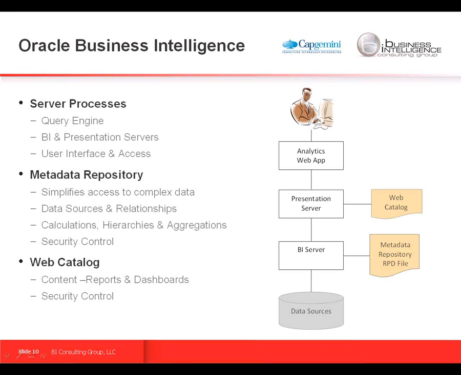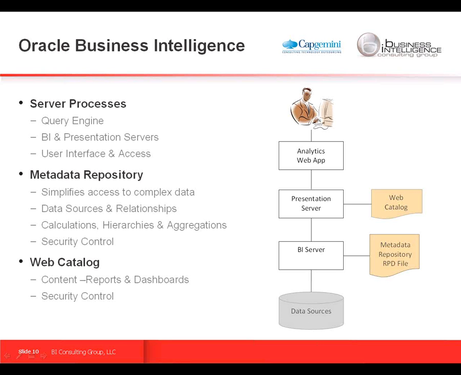There's several server processes. The picture here we're looking at is a very simplified version of the actual BI architecture from OBIEE. But in addition to the actual server processes, we have a couple of other components that go along with that.